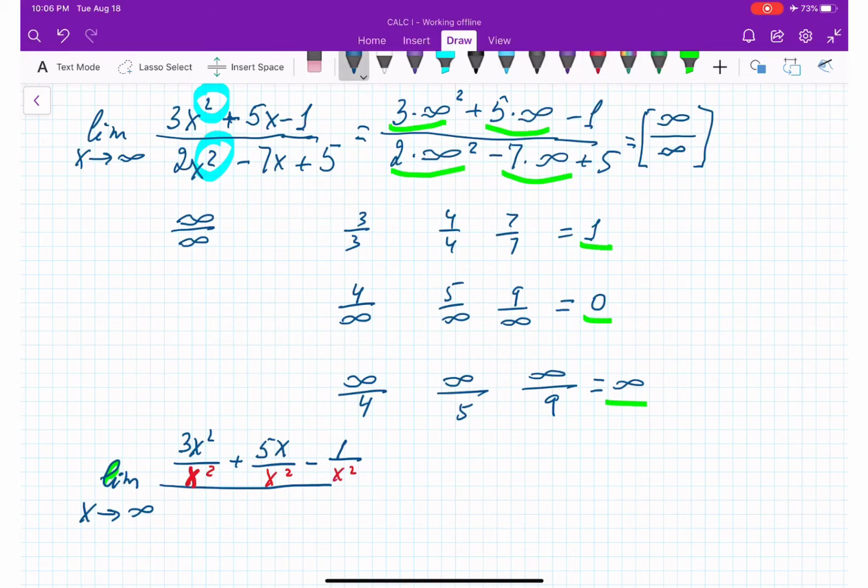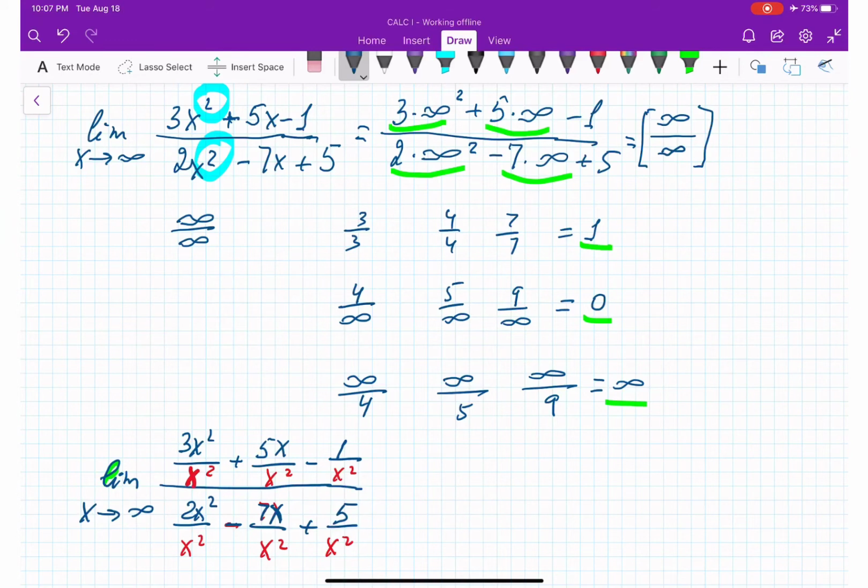Next, 2x squared divided by x squared minus 7x divided by x squared, and plus 5 divided by x squared.